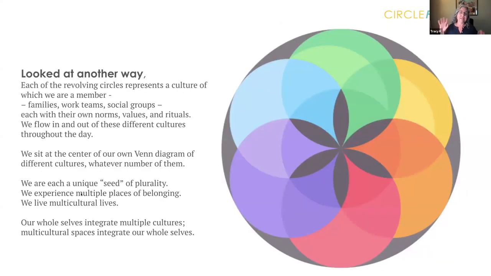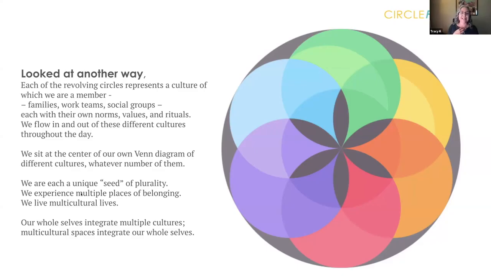And then I want to take this seed of life and look at it another way, which is that we sit at the center of our own Venn diagram of all the different cultures that we're a part of, whatever number those are. Our families, our work teams, our social groups all have their own norms and values and rituals, and we're flowing in and out of these cultures throughout the day.